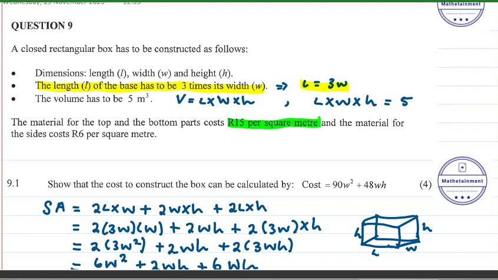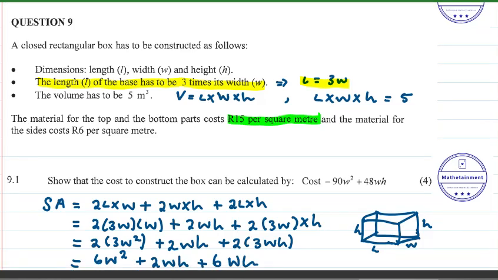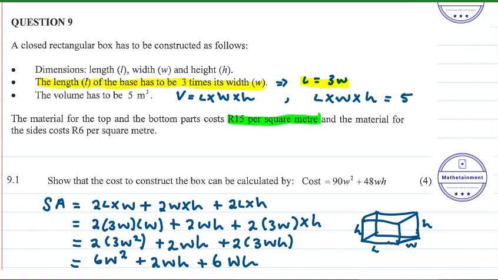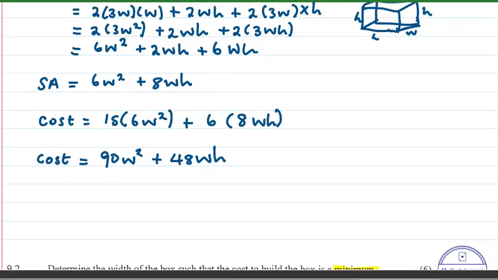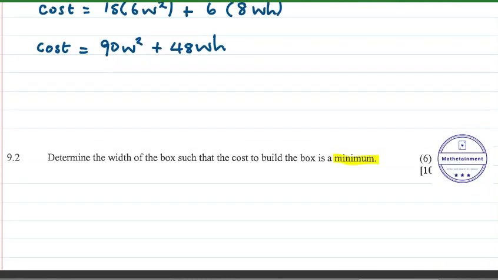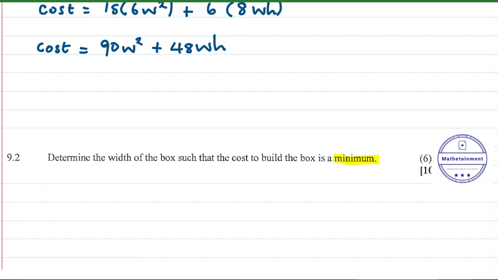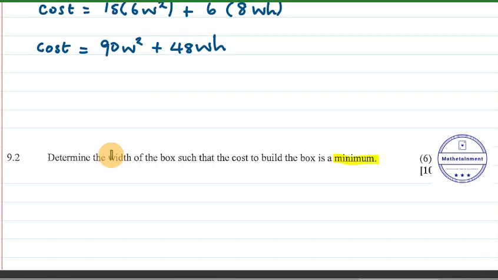You want to spend as little as you can to avoid wasting much money. You want to save on your site. So the question is, you have to determine the width of the box such that the cost to build the box is a minimum.